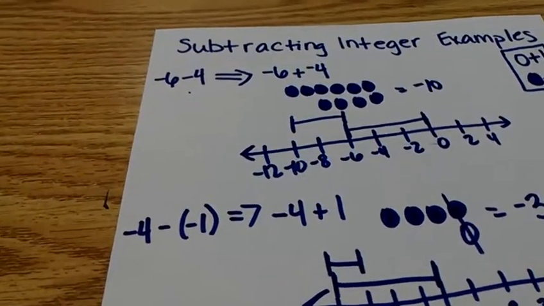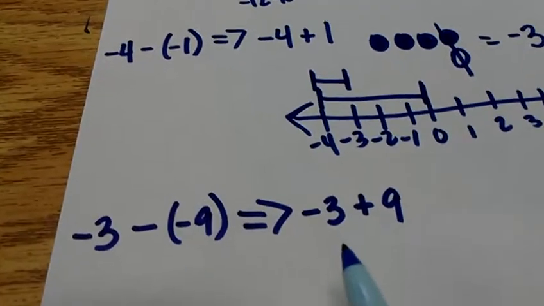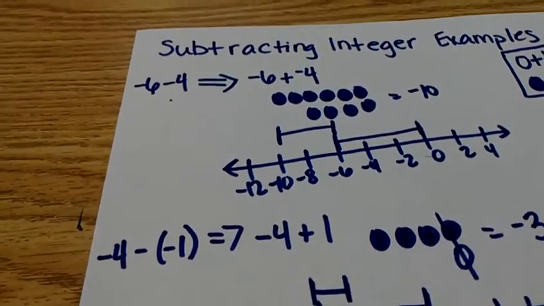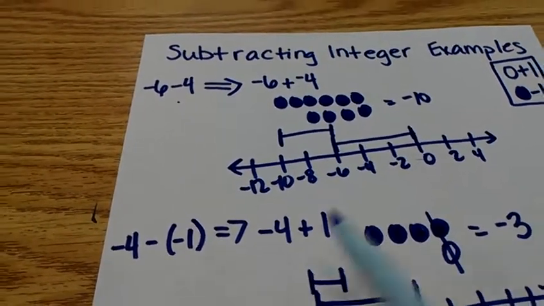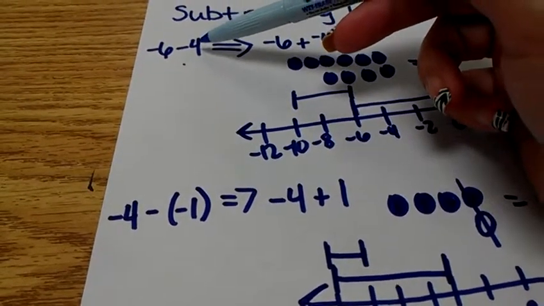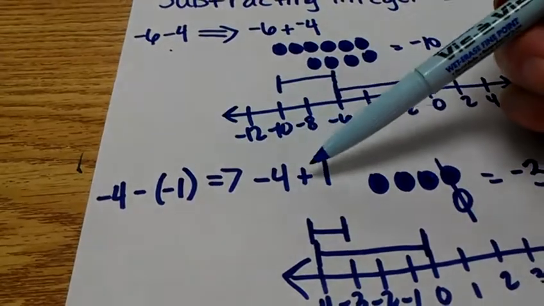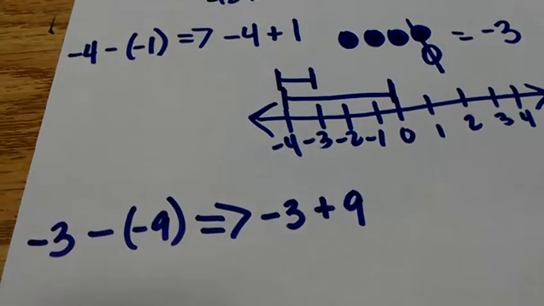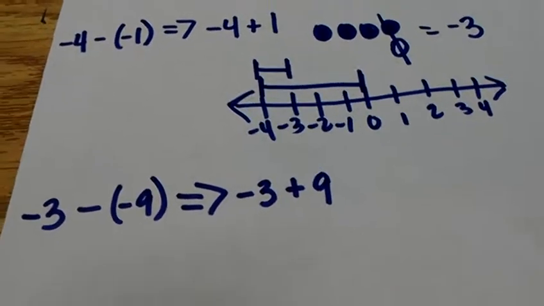We never do anything to our first term. It is our starting point. We make the subtraction addition, and then whatever our second term was, if it was positive, we made it a negative. If it was negative, we make it a positive. This is our theme throughout subtracting, adding the opposite.